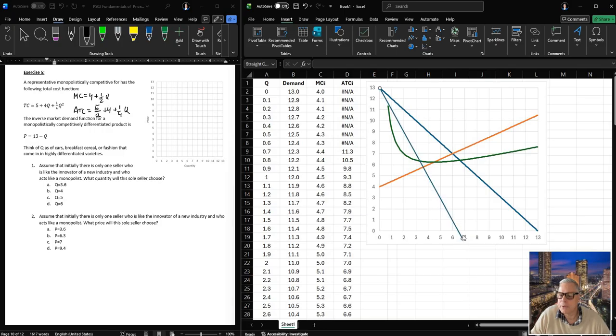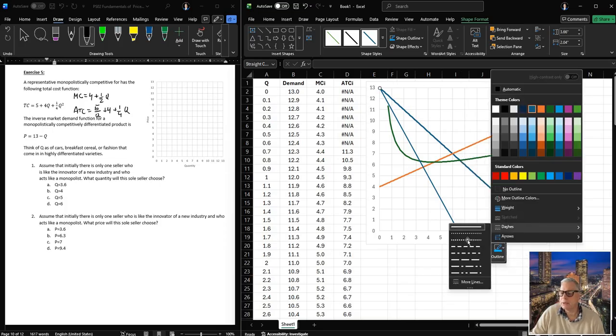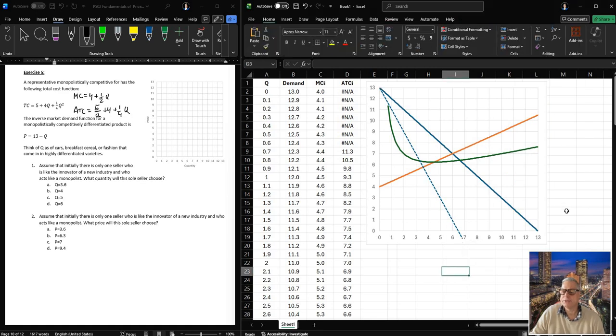So that is the marginal revenue function, and let's also maybe dash that. Okay, so now the firm acts like a monopoly because there is only one.